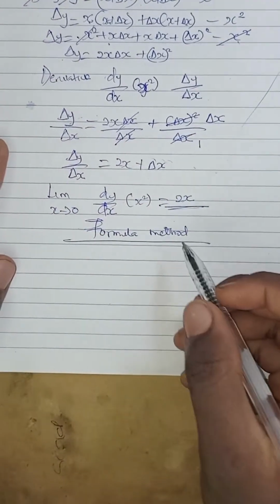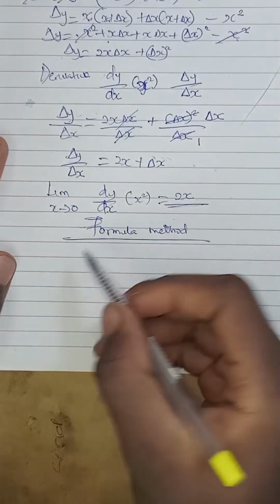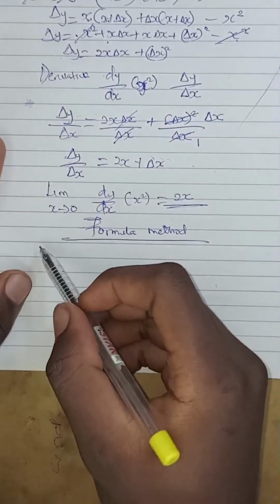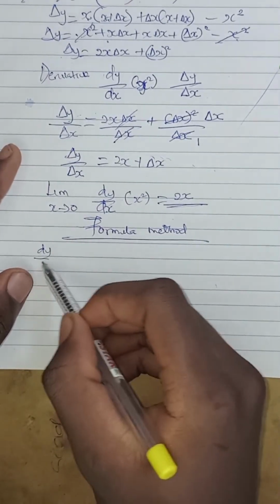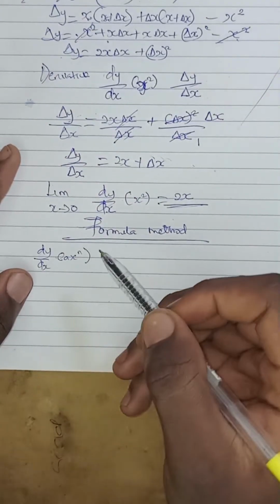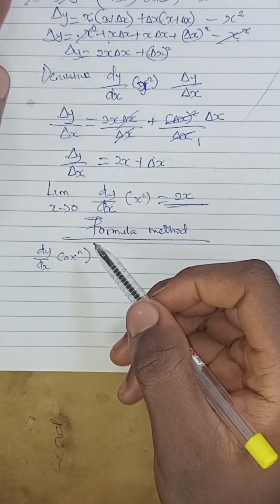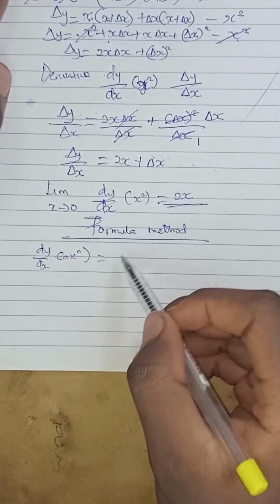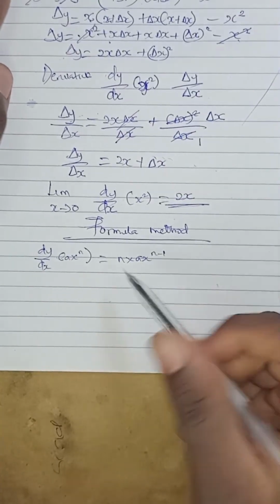The formula method. Now, in differentiation, the formula method is, let's say we are finding the derivative, the dy over dx of a function ax to the power of n. This will be equal to n times ax to the power of n minus 1.